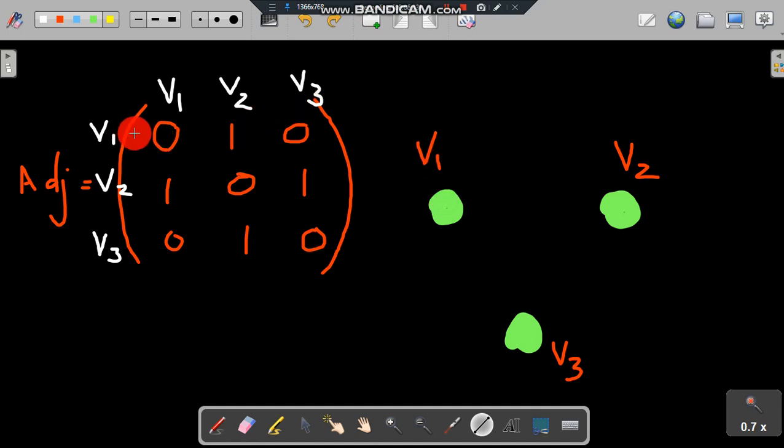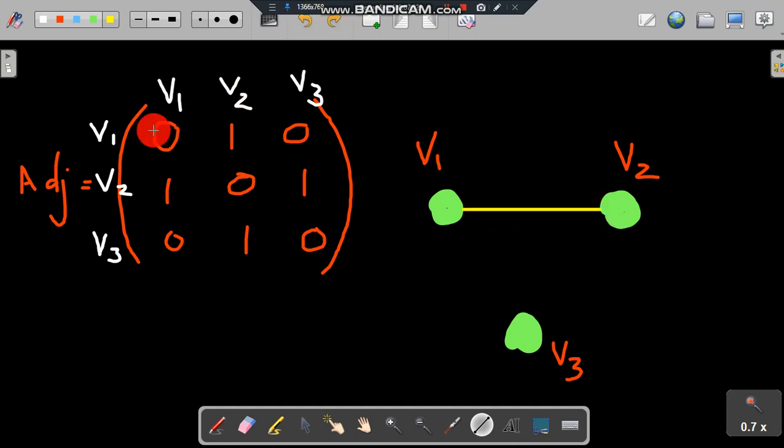Now come here, V1 and V2 are adjacent to one another. That's why 1 comes here. So 1 comes, which implies this and this are adjacent. I mean, there exists an edge between V1 and V2. So we have to draw an edge between V1 and V2.